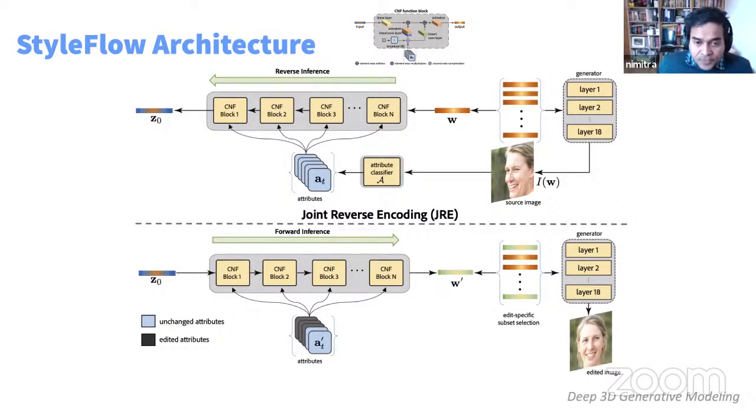And that's the level of detail I will provide here. I'm happy to talk more about the details. But the key here is having access to the attribute classifier and training this bijective map that allows us to go from the W to the Z.